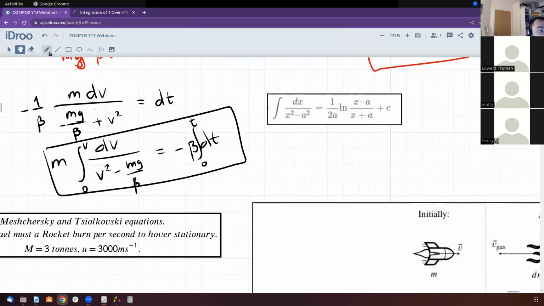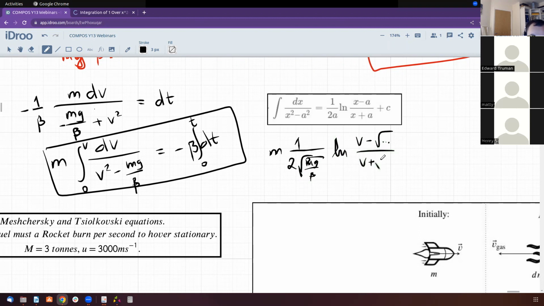Okay, so we have m, 1 over 2a, and a in this case is square root of mg over beta, ln of (v minus square root of that) over (v plus square root of that), between limits 0 and v, is equal to minus beta t.